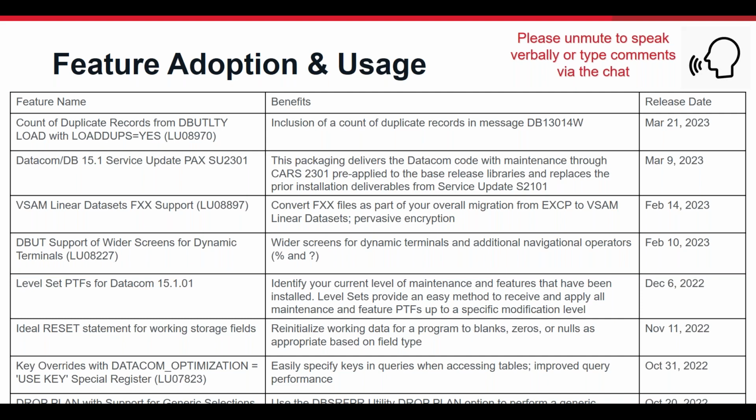Well, on the VSAM linear datasets FXX support, we're currently working as a validation partner on something that will allow us to separate out the FXX using a different name because we're in simplify mode. So we need to rename it as part of the transition to VSAM. The high-level qualifier needs to change. Yeah, we're in the process of testing that. I know Clyde's also testing that as well.